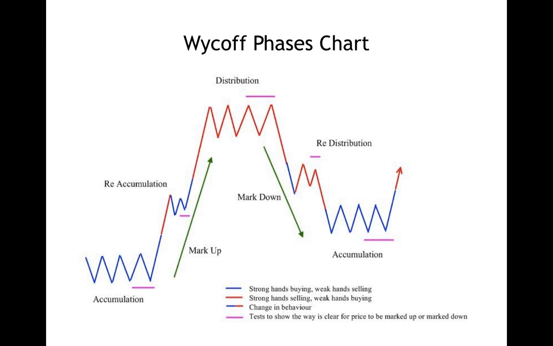And then with no more demand left, the markets will start drifting down. Again, the retail investors will start selling this market. Sometimes they'll get in too late, sometimes they'll get in early enough to make some profit. And then you go back to the accumulation phase.